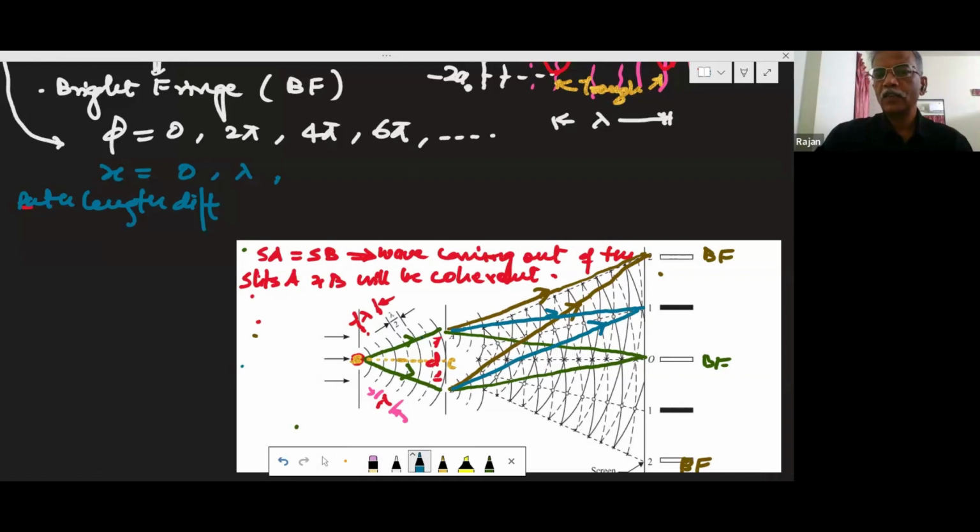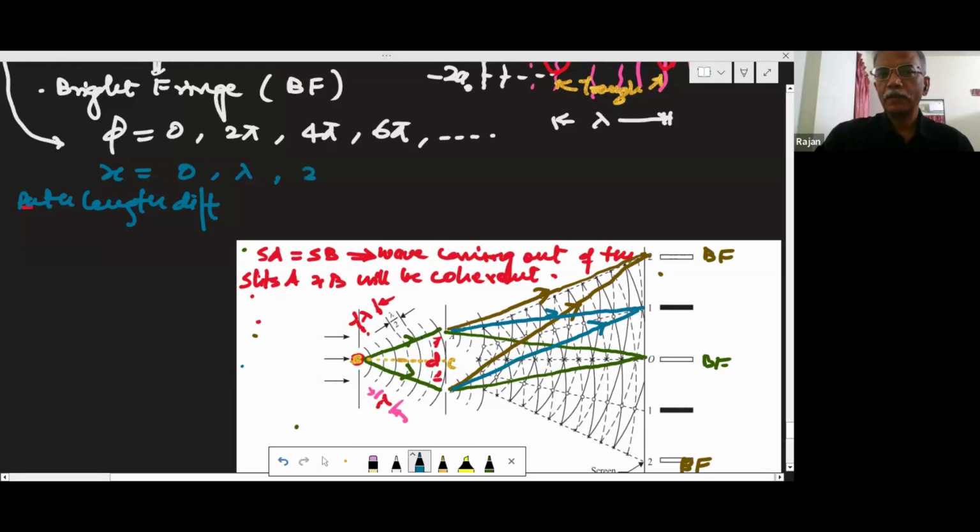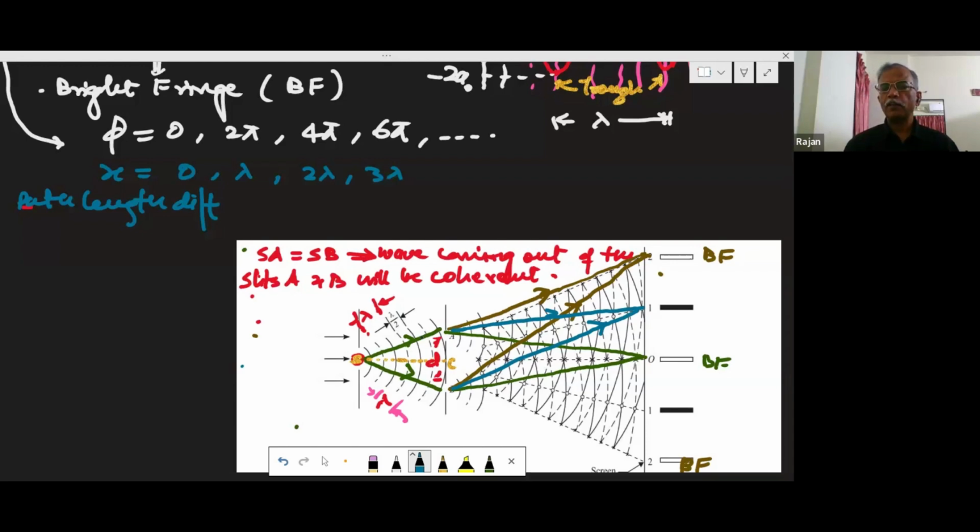That is your 0 lambda, after that lambda, 2 lambda, 3 lambda. Correct. All full waves, we are getting the same result. If they are going up, both y1 and y2 will go up simultaneously.